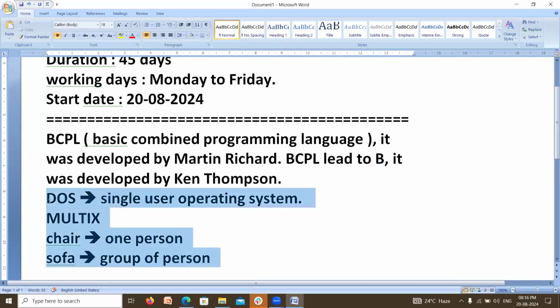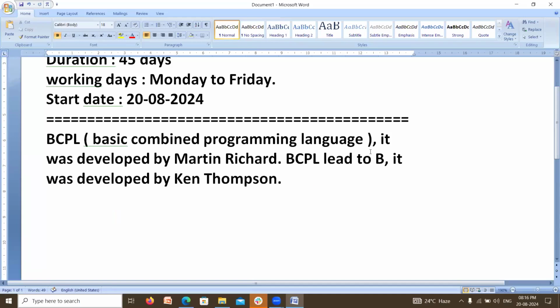Right. My dear friends, now B was developed by Ken Thompson. Actually, the programming languages BCPL and B, these two are called typeless programming languages. What is the meaning of typeless?